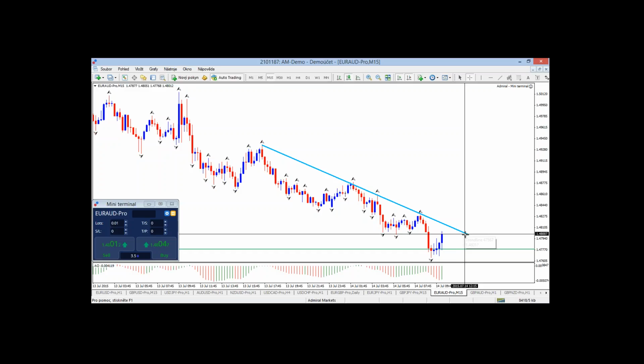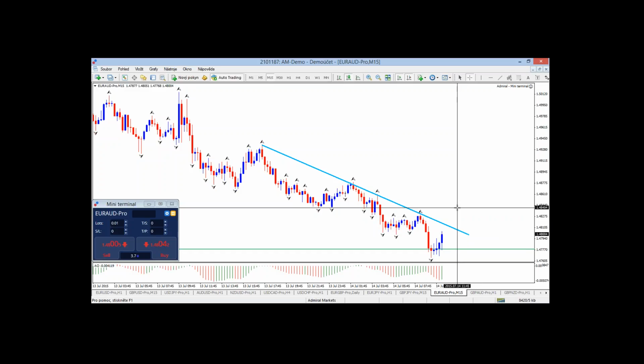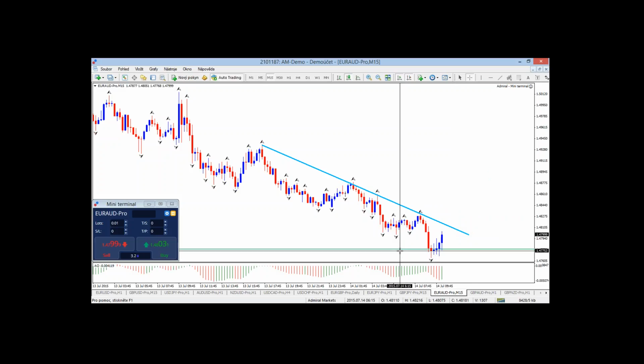In any case, a pullback could happen back to the same broken trend line. So perhaps something like this could easily well happen. So that I think has a potential for today.